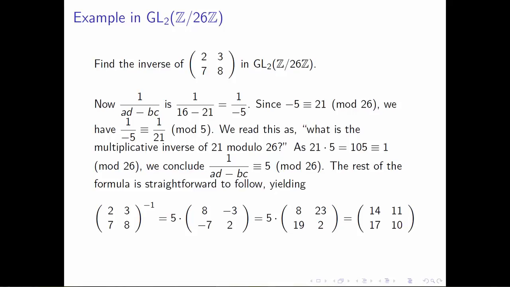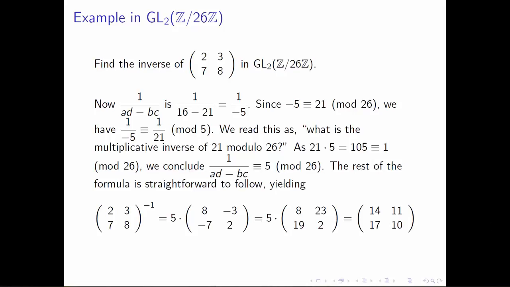Just like we did before, we look at this matrix and we say, something bothers me about this matrix. Negative 3 and negative 7 are perfectly fine integers, but they're not in this range of 0 to 25. So what I'm going to do now is replace negative 7 and negative 3 in this next step of the equality by their counterparts that live in the proper range between 0 and 25. And I'm going to use my counting down method again.